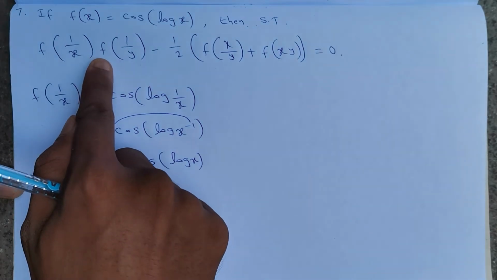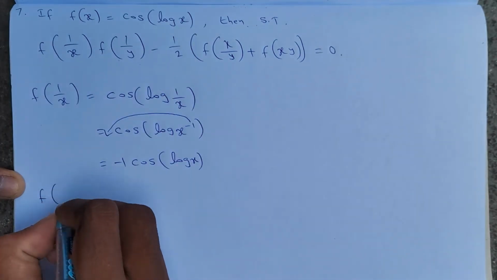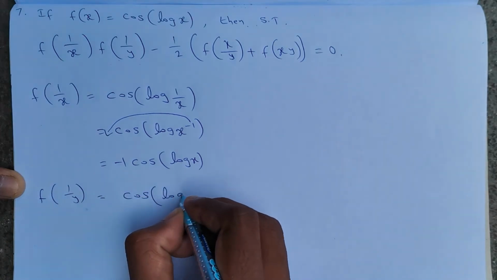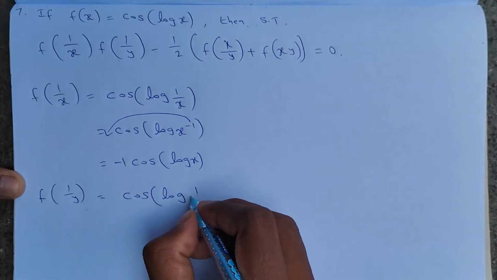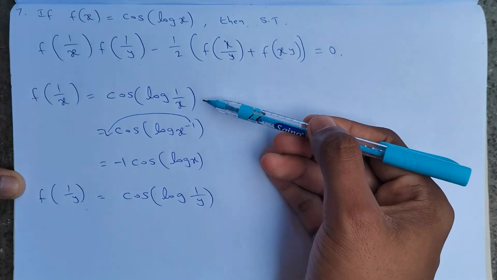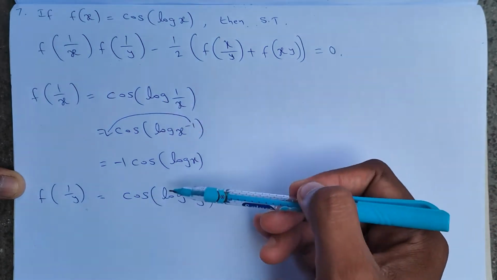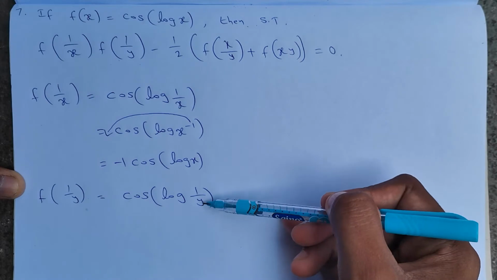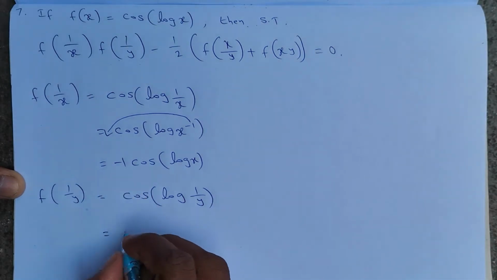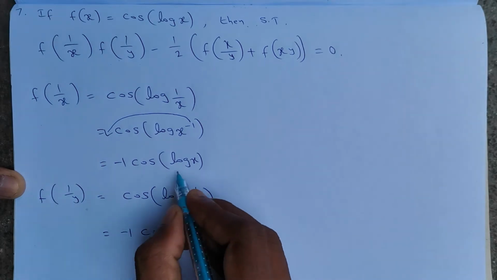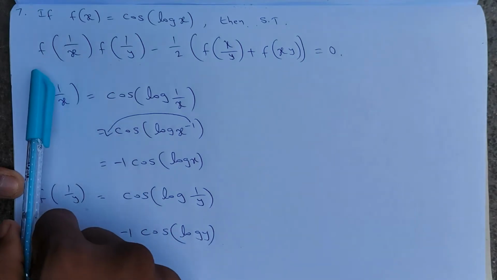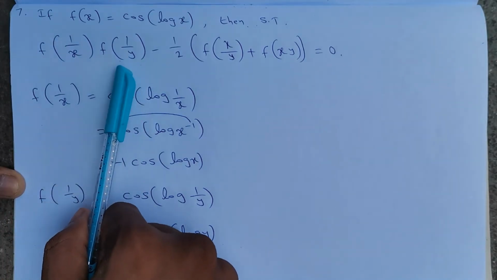Now one more, we have f of 1 by y. So f of 1 by y is equal to cos of log, and in the place of x, let us substitute 1 by y. If you observe the previous step, only in the place of x, we need to substitute y. So the direct answer I am writing: minus 1 cos of log y. So this is the first term, f of 1 by x into f of 1 by y.